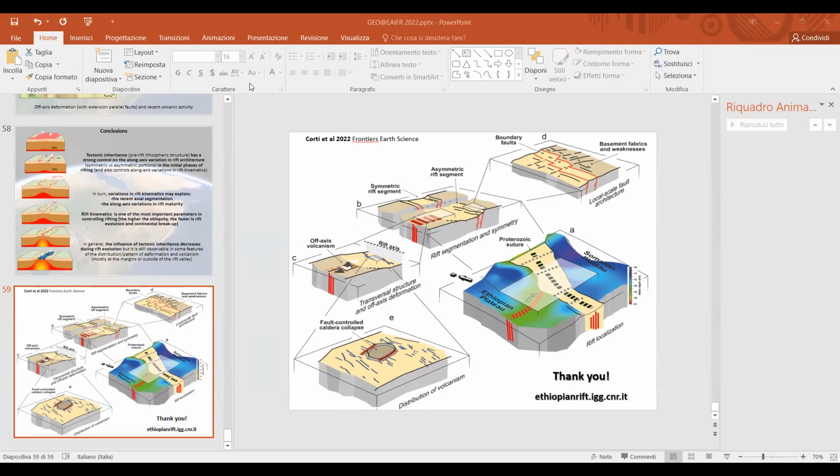And I have seen in one of the diagrams that there is a weakened zone between the Somali plate and the Ethiopian or African plate. This zone, is it a result of the rifting in this area, or is it a precursor to the rifting and it determines the location of this rift?